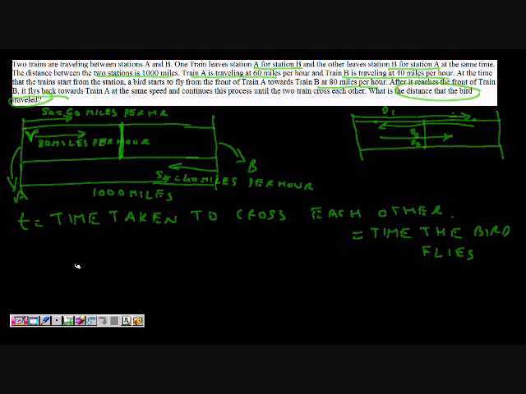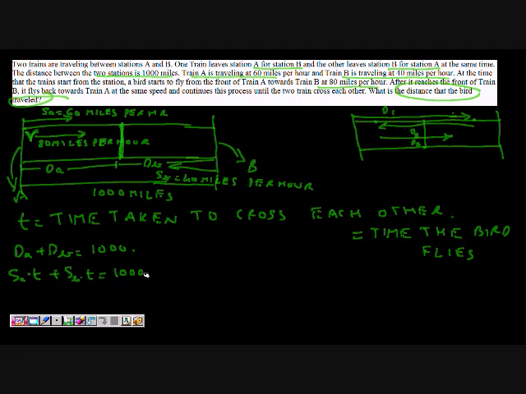Now let's say this is the distance dA, which is the distance traveled by A, and dB, which is the distance traveled by B. So dA plus dB is equal to 1000 miles. dA is the distance traveled before it crosses B, and dB is the distance traveled before it crosses A, in the same amount of time. So S of A times T plus S of B times T is equal to 1000.